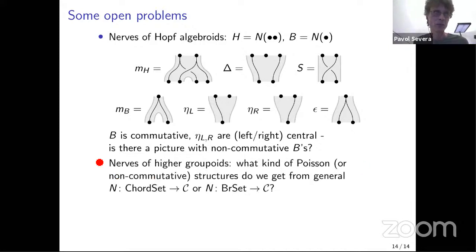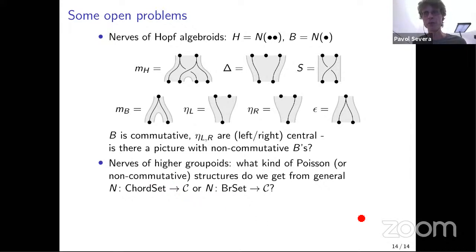The second thing is of the same type. If you look at the nerves of higher groupoids, so if you now relax the Segal condition almost completely, so if you modify it to something different, then these constructions still produce all kinds of Poisson or also non-commutative algebras, but we don't quite understand what's happening here.